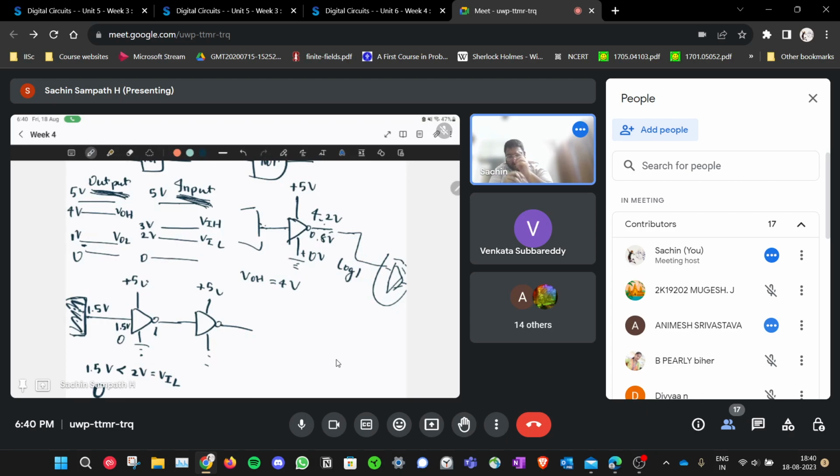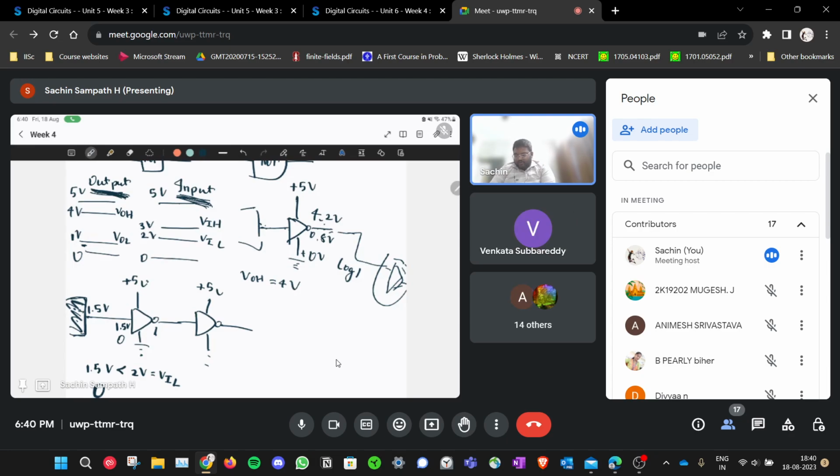So it will say I got an input of logic 0. Since I got an input of logic 0, I have to send out an output that is logic 1. And for an output, you consider 4 to 5 volts as logic 1. I have given a definition here. So as long as it sends something between 4 to 5 volts, this first inverter is happy. It doesn't care anymore.